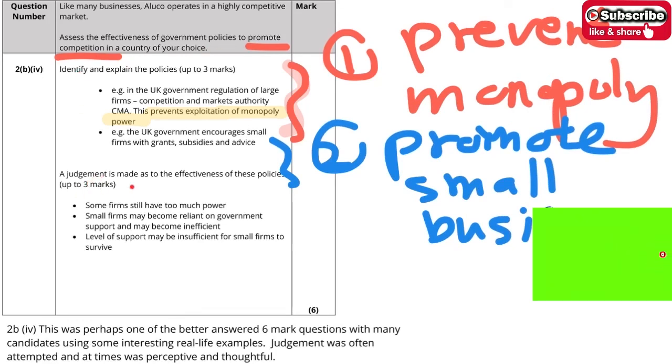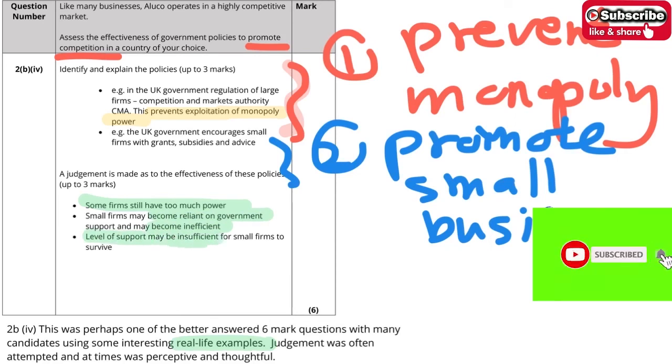But there are judgments that we have to give, as you know, and also you have to give, I would say, real life examples. Say for example, some firms may have too much power, or they become reliant on the government or become inefficient, so the level of support is insufficient.